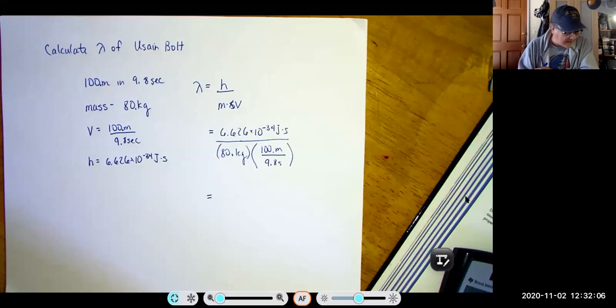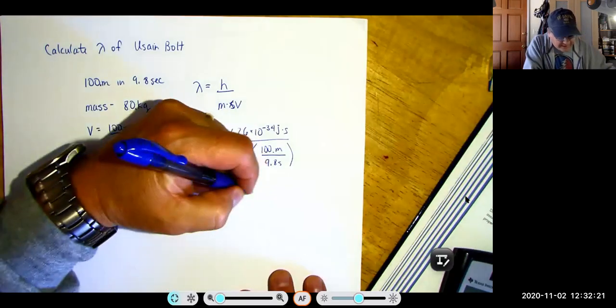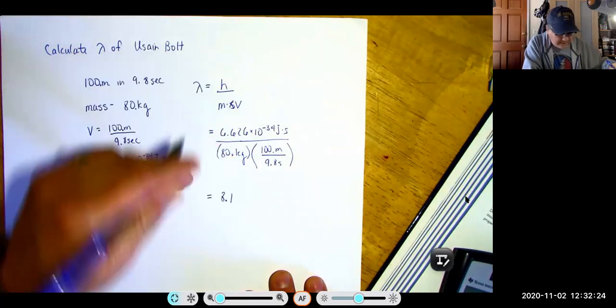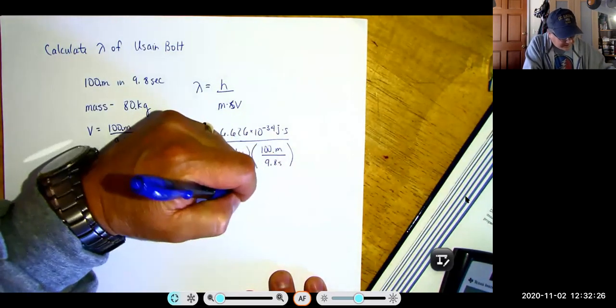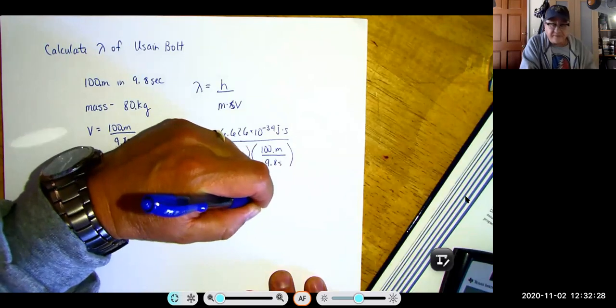Okay, so let me tell you what I get. So I get 8.1 times 10 to the minus 37 meters.